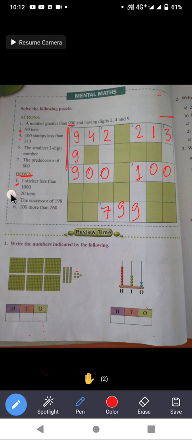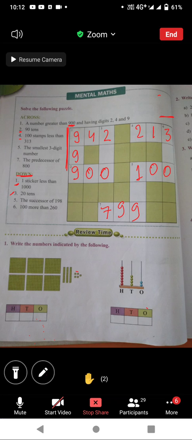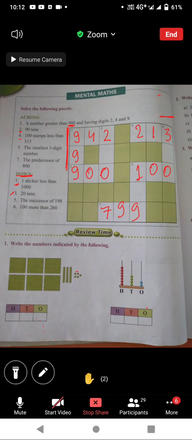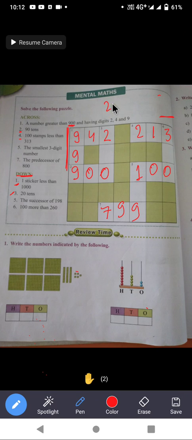Now third part, 20 tens. So 20 tens is equal to, students, 20 tens. What you have to do is just put one more zero in 20. So 20 is there, put one more zero: 200. So 20 tens is equal to 200. In the third part we have to write, where is the third one? This. So 200 like this we have to write.